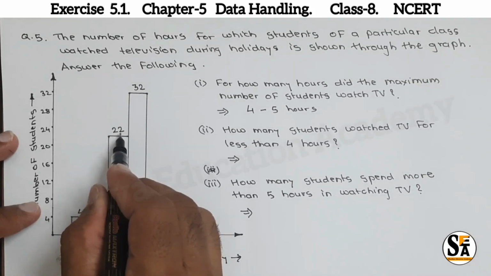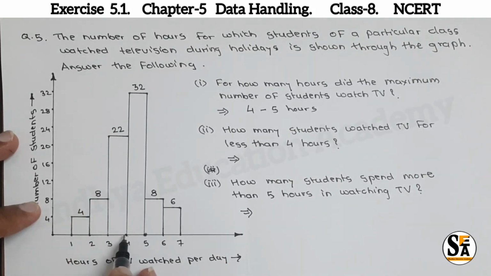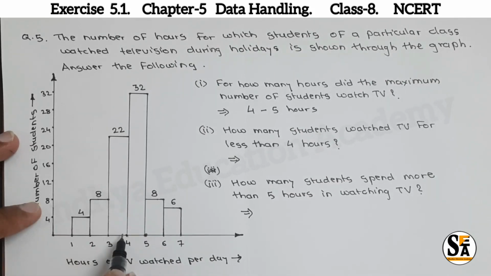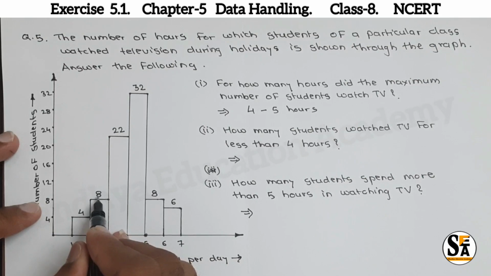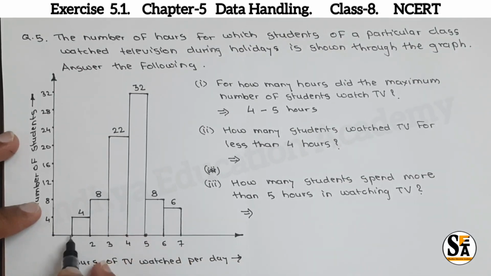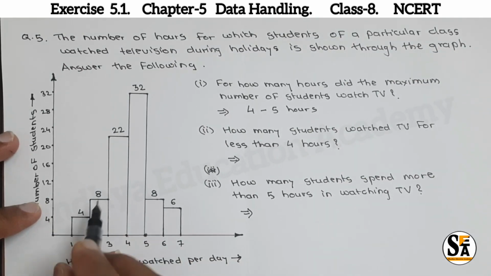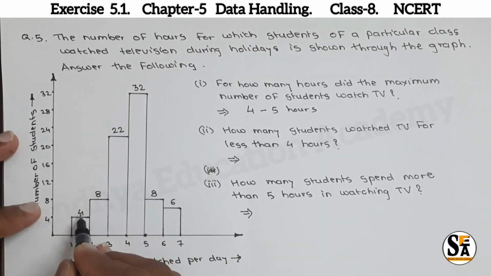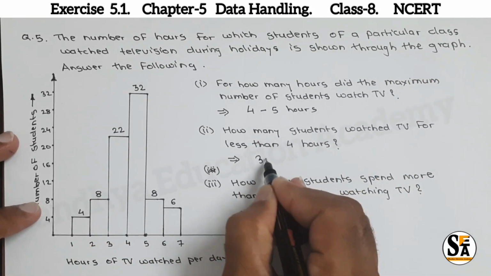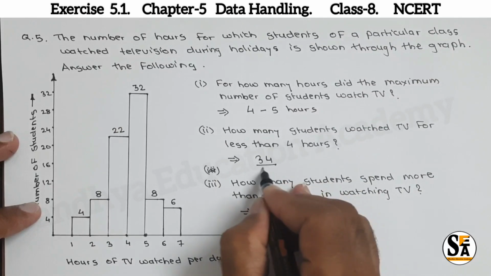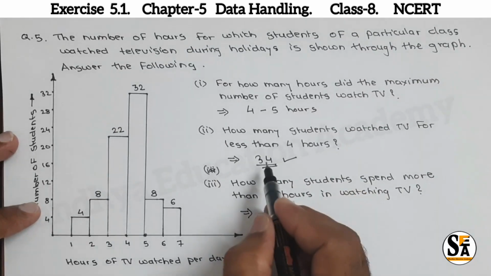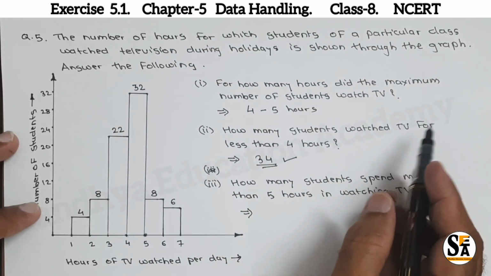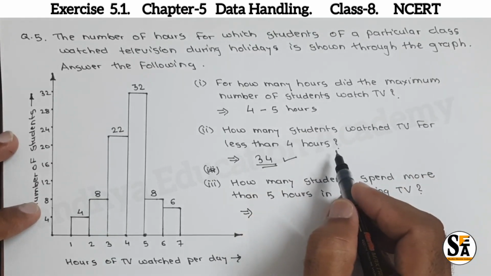These 22 students watch 3 to 4 hours, which is less than 4 hours, plus 8 students for 2 to 3. 22 plus 8 is 30, and these 4 students watch 1 to 2 hours of TV. So 30 plus 4 is 34. So our answer is 34 students. 34 students watch TV less than 4 hours.